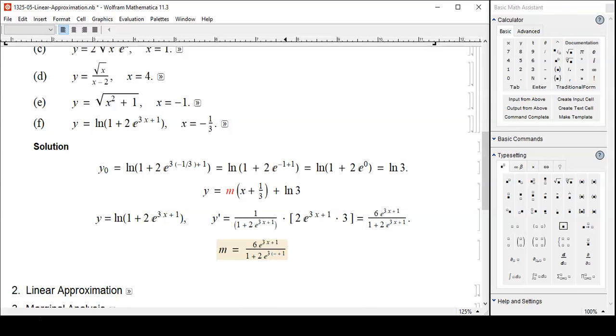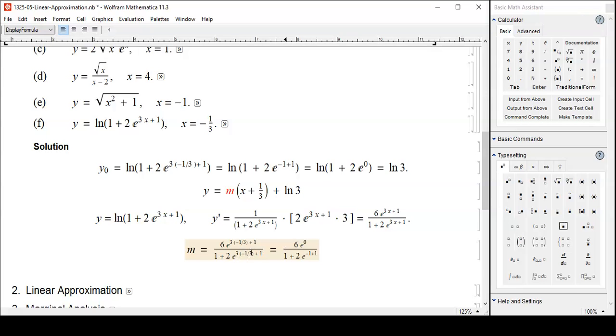So I'm plugging -1/3 here, and then -1/3 there. And then 3 times negative 1/3 is negative 1. And then negative 1 plus 1. See, you get 6 e to the negative 1 plus 1 power, which is basically e to the 0 power. And in denominator, we have 1 plus 2 e to the, again, negative 1 plus 1 power.